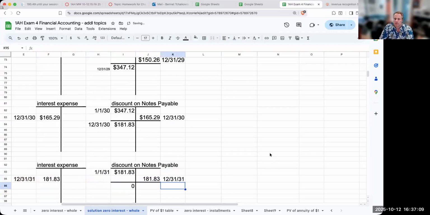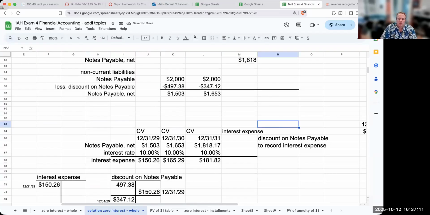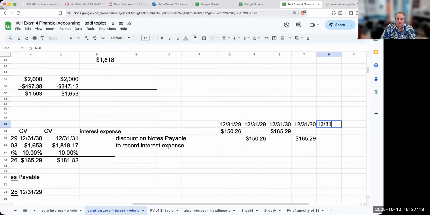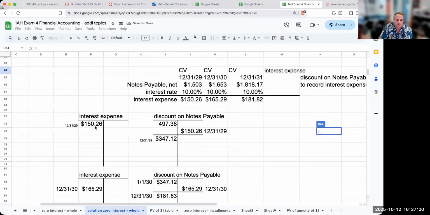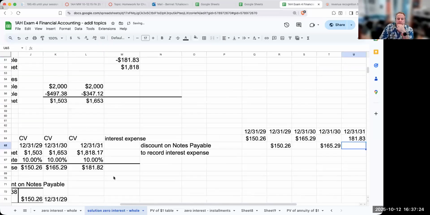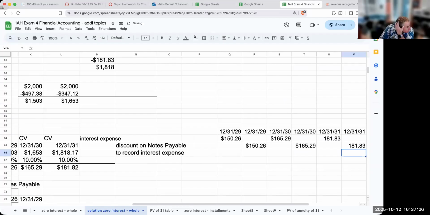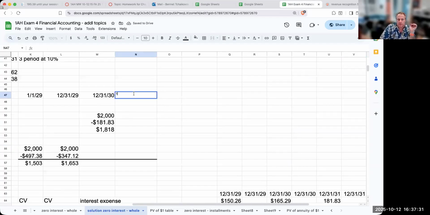So first thing I want to do is record 12/31/31. I'm going to record my interest expense over here at 181.83. So I'm recording the interest expense, crediting the discount on notes payable. Now, when I do this on 12/31/31, the magic happens, right?